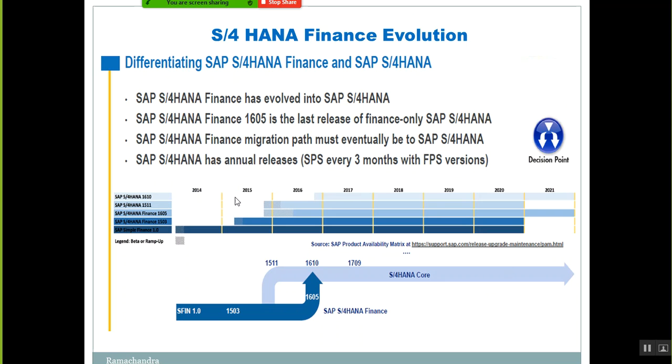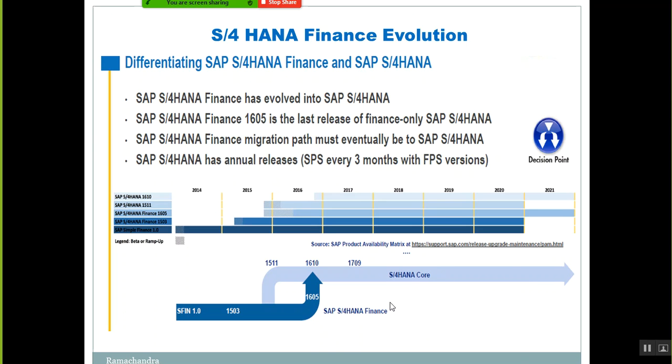And the same thing which we discussed, the 1503. First we have 1.0, next 2.0 or 1503, and then 1605. This 1605 is equal to the SAP S4 HANA Finance 1610 version. After that the add-on product is stopped. Then you are continuing with SAP S4 HANA Enterprise Management or the SAP S4 HANA Core System.